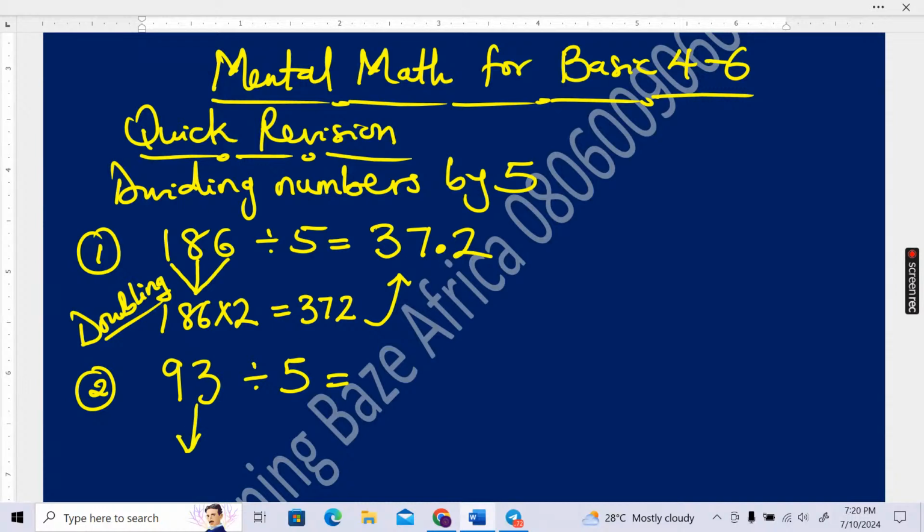If we double 93, we're going to have 186. Then from here, we introduce a decimal point before the digit 6, which is the last digit. So 93 divided by 5 is equal to 18.6. I hope that is very clear.